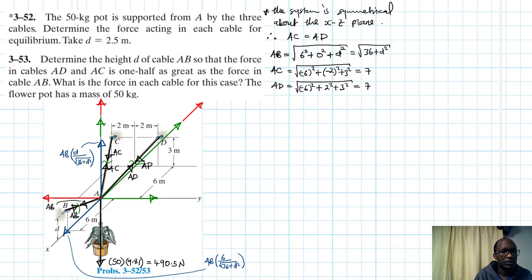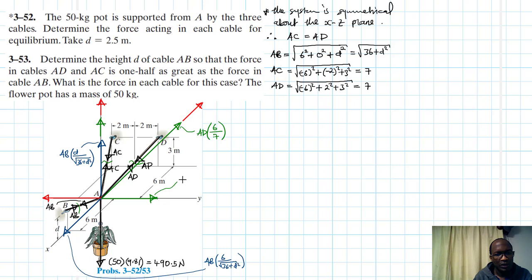What else? Let's go to AD. AD, this is going to be equal to AD by the x-axis is 6 divided by the hypotenuse, which is a 7.